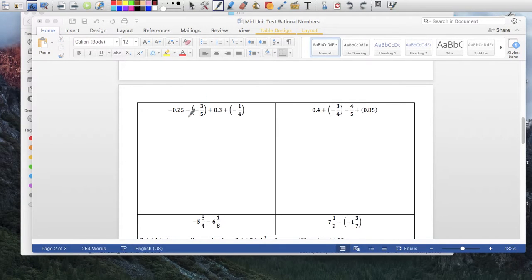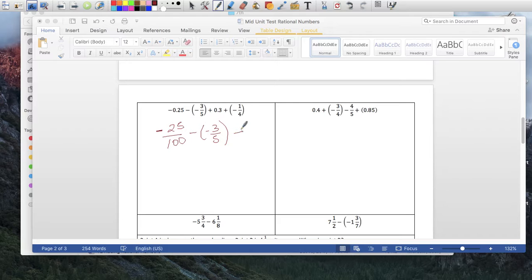Okay, like I said, some of you guys are going to use 1/4, 3/5. So I am going to do this the long way. So this is going to be 25 over 100, right? Minus negative 3/5. So let's do this together. Actually, you know what? I'm going to write the whole thing.